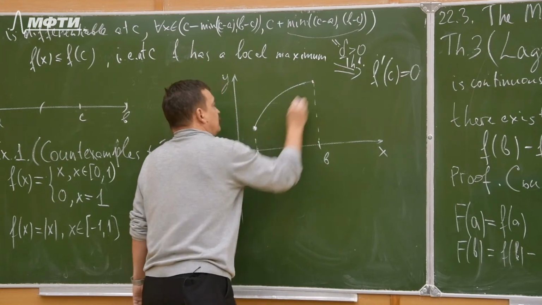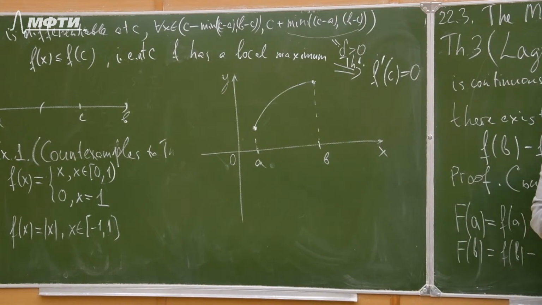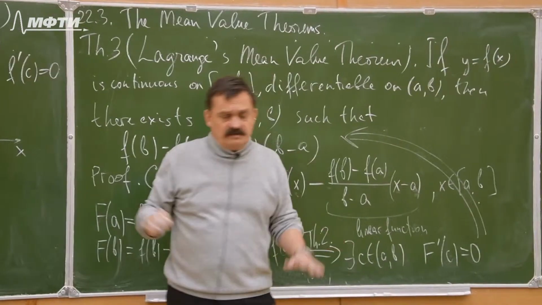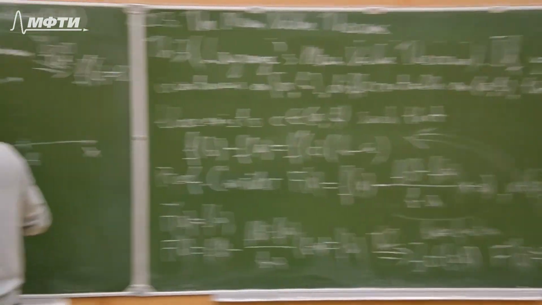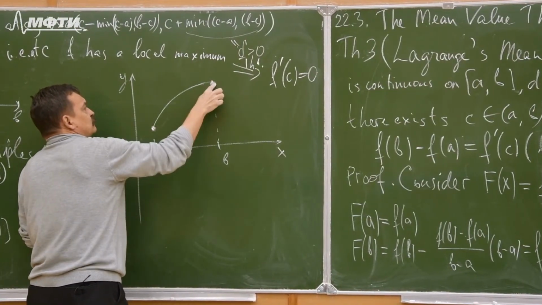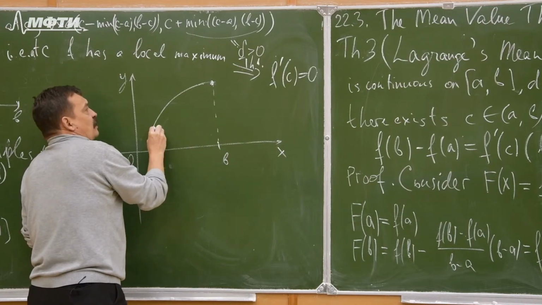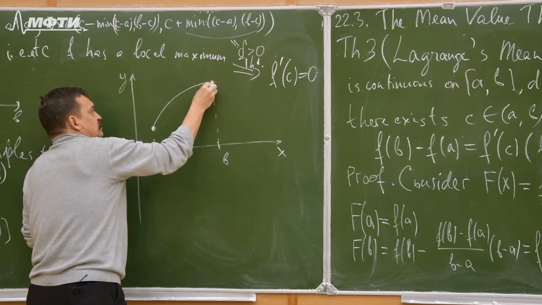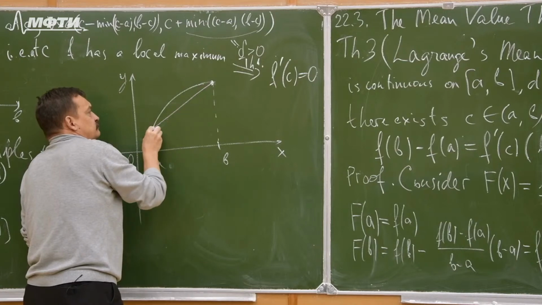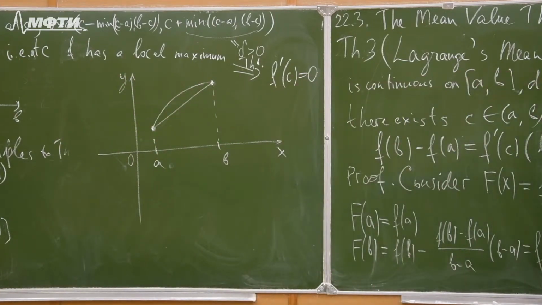And then what is this f of b minus f of a over b minus a? This is the slope of the linear function which has the same values at the endpoints as our function. So this is a linear function.